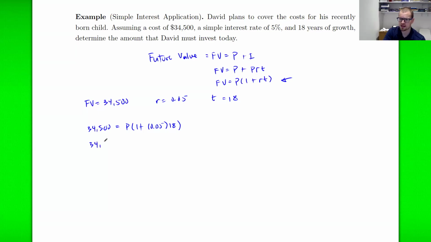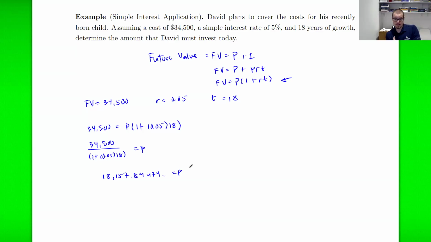So I have 34,500 divided by 1 plus 0.05 times 18 is equal to P. We can punch that into our calculators, and what we'll find is a value of 18,157.89474. That decimal may keep going, but this is the value of P. That's our principal that needs to be invested.